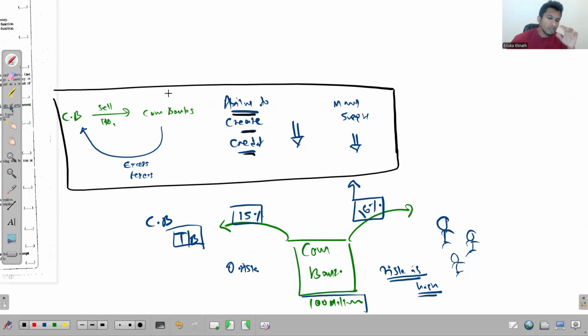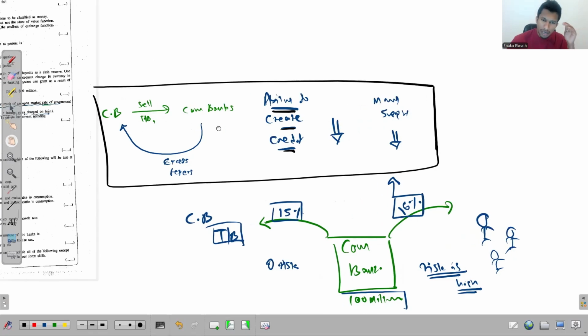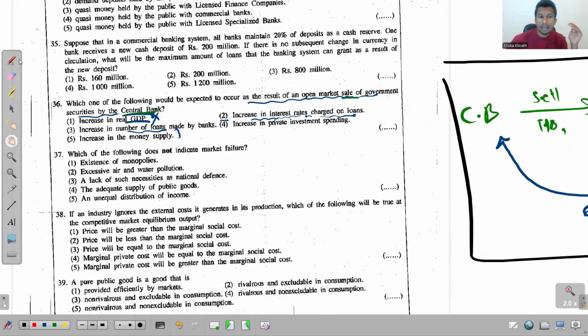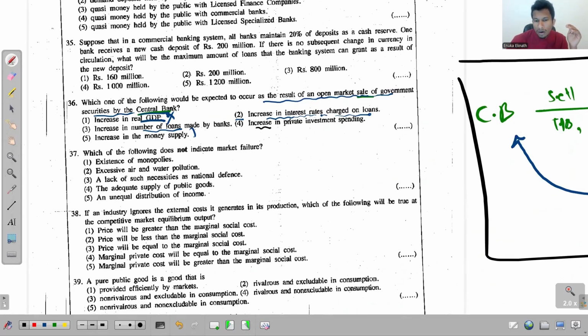So if they can't obtain bank loans easily, they will not be able to make new investments in that economy. There will not be any increase in private investments, but there will be a decrease in private investments in that economy.